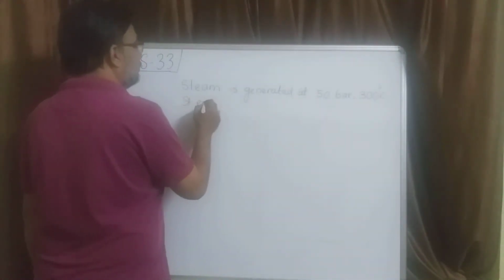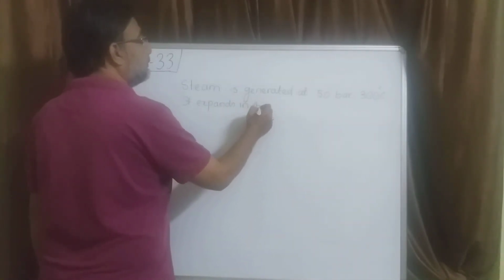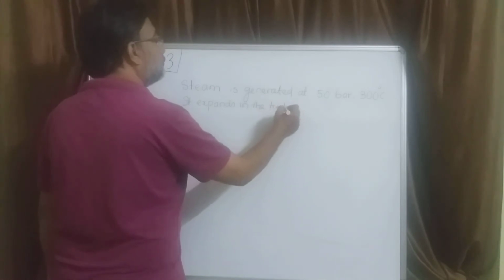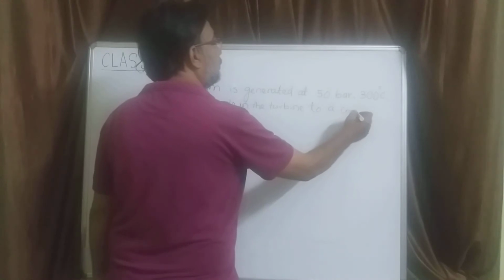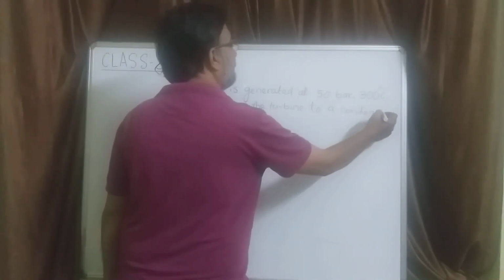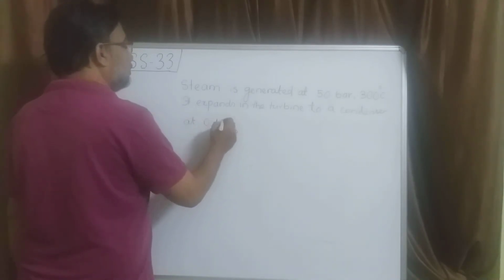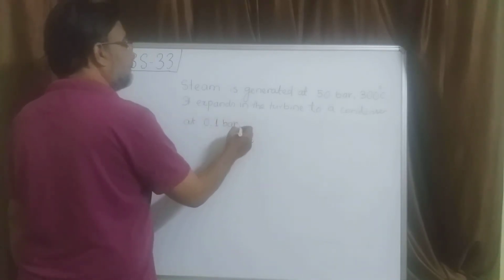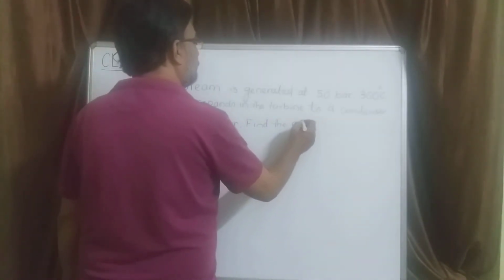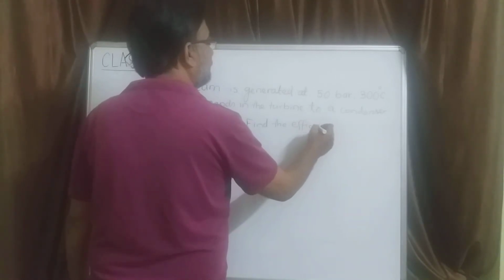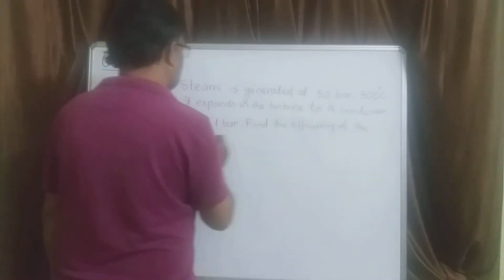It expands in the turbine to a condenser at 0.1 bar. Find the efficiency of the cycle.